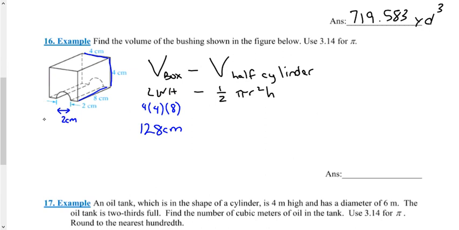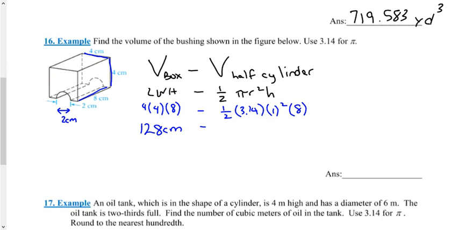Now our cylinder, we would use pi r squared, and so if this whole thing is 2, then that makes our radius just 1. Right, so we're going to do 1/2 times 3.14 times r. If the diameter is 2 centimeters, the radius is 1. So I'm going to put 1 squared, and then the height of this is 8 centimeters.